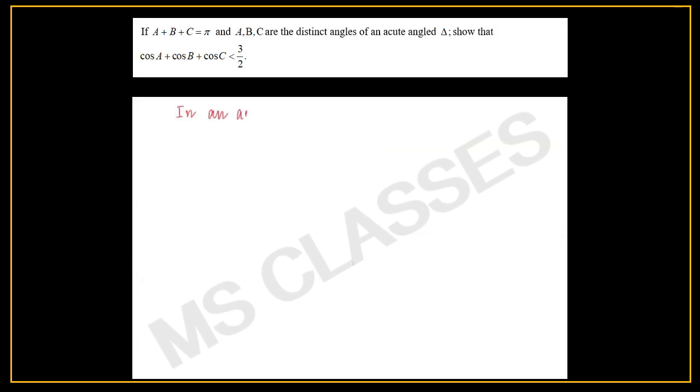In an acute angle triangle ABC, we have to show that cos A plus cos B plus cos C is less than or equal to 3 by 2.